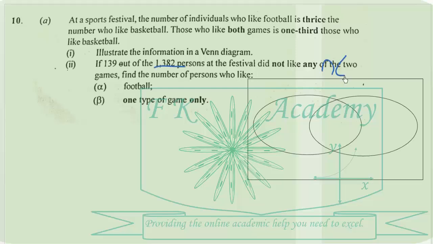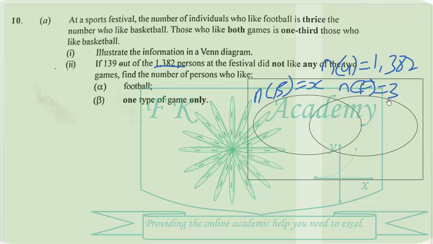So the total number is 1,382. We're told that the number who like football is twice the number who like basketball. So let the number who like basketball be equal to x. And the number who like football will be equal to 3 times x. Then those who like both games is 1/3 of x.